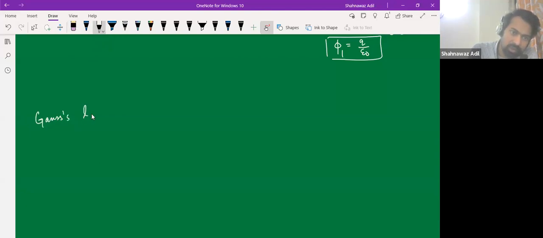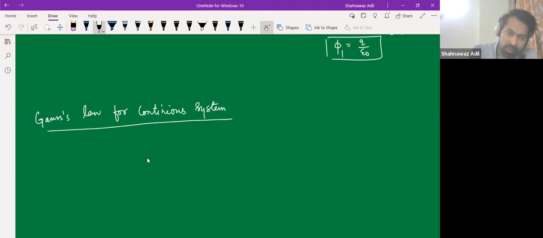Gauss law for continuous: the integral of E dot dS is equal to Q enclosed by epsilon naught.